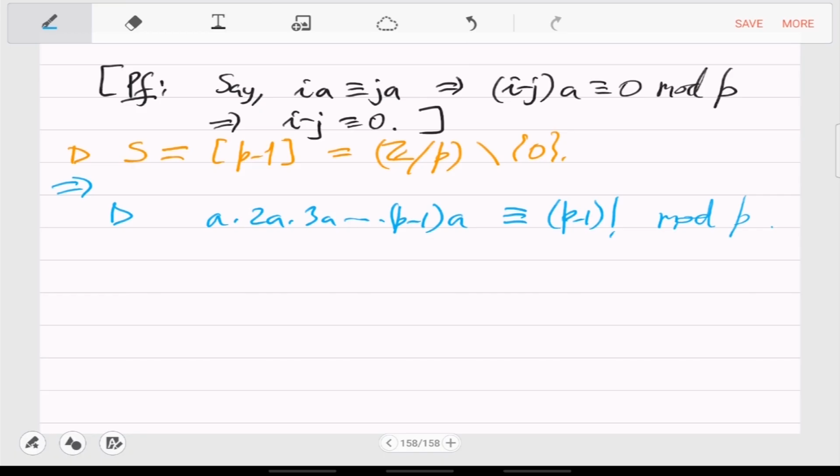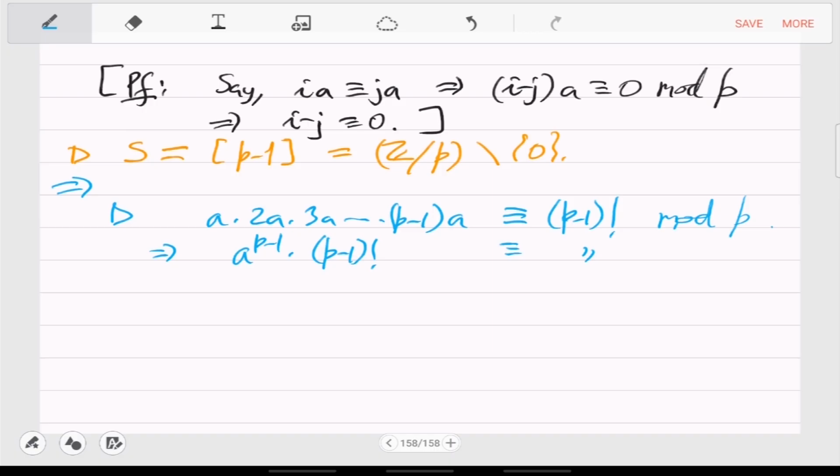And what do you get from this? So now comes the interesting thing, that left hand side is nothing but this. It's a scaling everywhere, so it's a scaling of the factorial by a to the p minus 1, which means what?